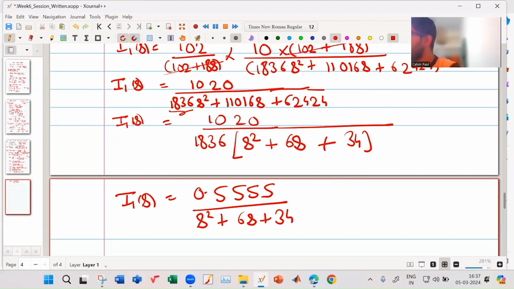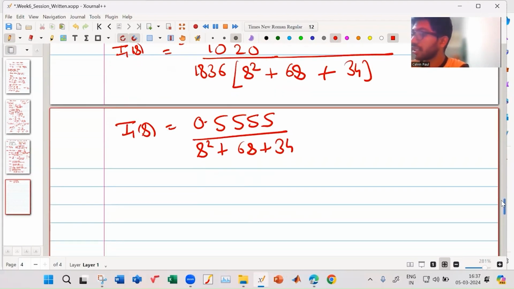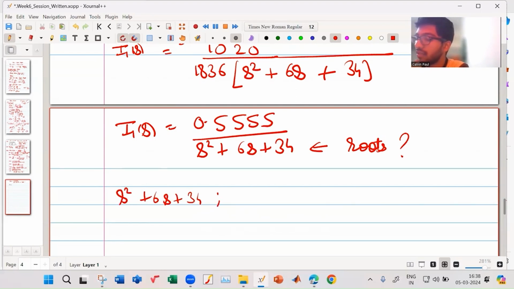Now I want to ask a question. What are the roots of this? If you equate S square plus 6S plus 34 to 0, what will you get?